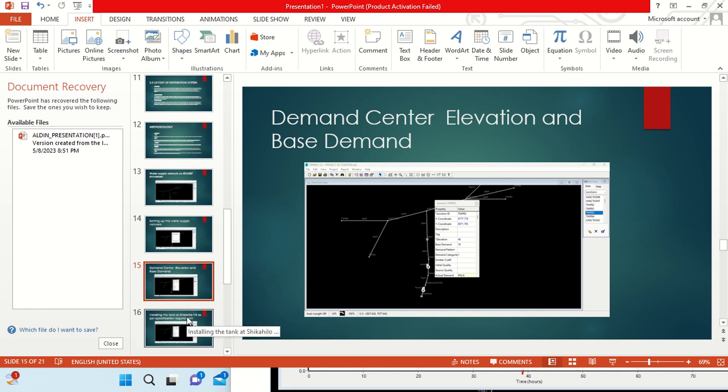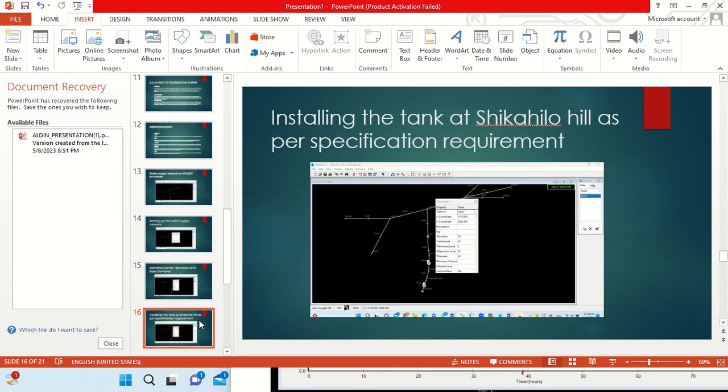Remember, these components also play a vital role in terms of how you put them, because at the end of the day, it's the system, EPANET, that will show you if you have plugged in the correct values, or it could easily pick up an error if you've plugged in incorrect points in terms of your diameter, which is very important.